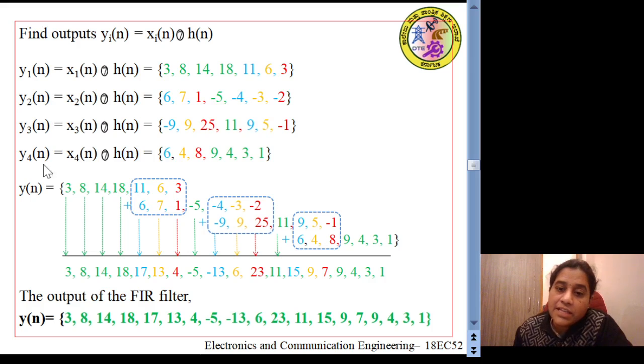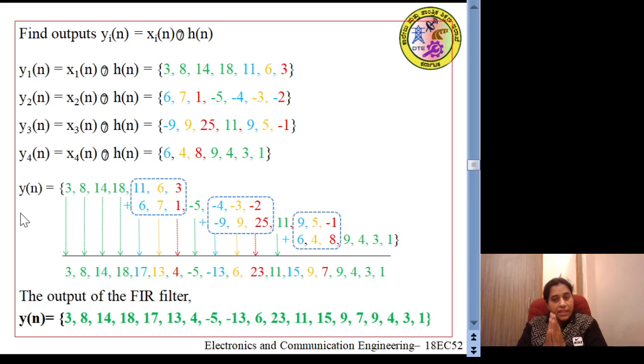Again observe in the last block of output, 9, 4, 3 and 1 are kept as they are. So the total output of our FIR filter, the complete linearly filtered output, is y of n equal to 3, 8, 14, 18, 17, 13, 4, minus 5, minus 13, 6, 23, 11, 15, 9, 7, 9, 4, 3 and 1.